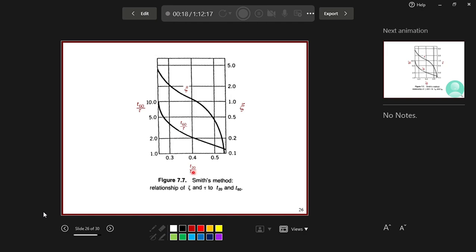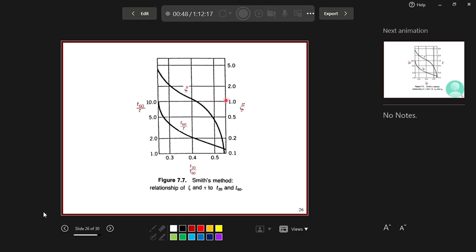Once we have the value on the x-axis, let's say you've come up with 0.4, then you extend it, and once you reach the intersection with this curve, you can get the value of T20 over tau, and then extend it more until you cross the other graph, and from there you can get the value of zeta.